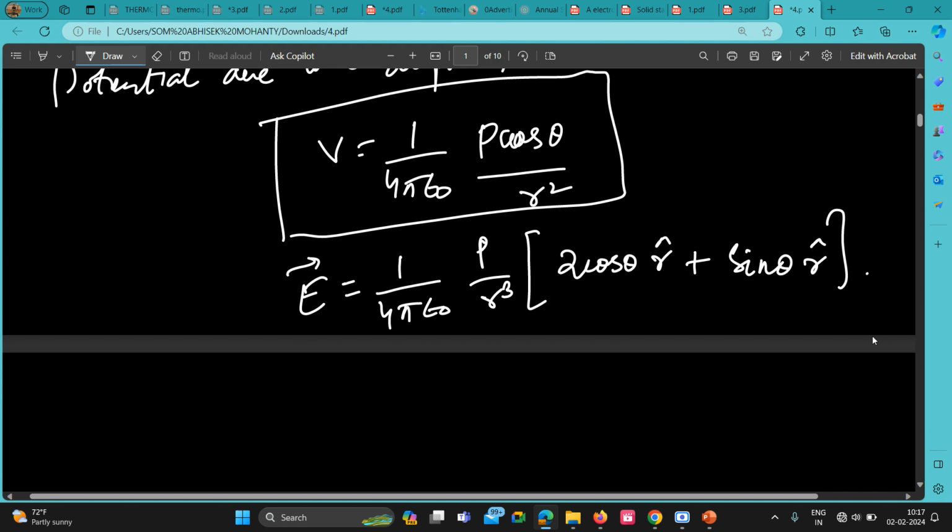Just remember these formulas. V is equal to 1 by 4 pi epsilon naught P cos theta by R square, and E is equal to 1 by 4 pi epsilon naught P by R cube, 2 cos theta R cap plus sin theta theta cap.